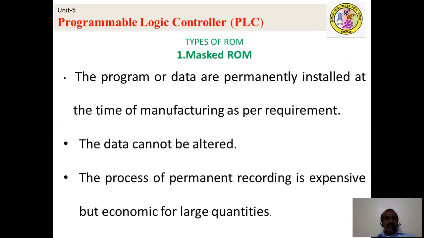Once the data is permanently stored, it is not possible to alter it. The process of permanent recording is very expensive, but when it is done in large quantities, it becomes more economical.